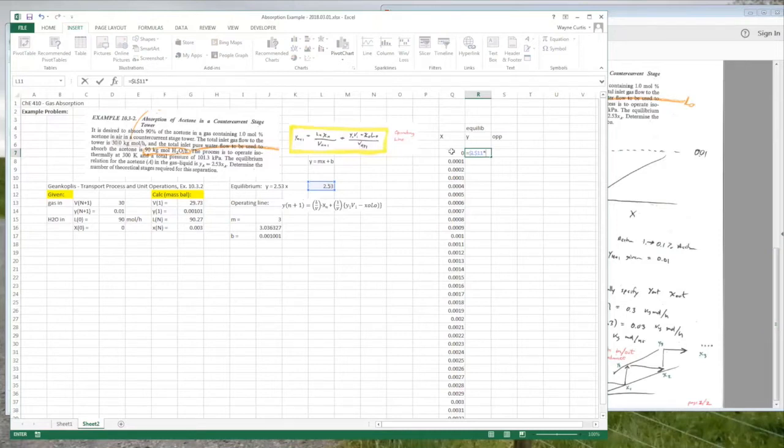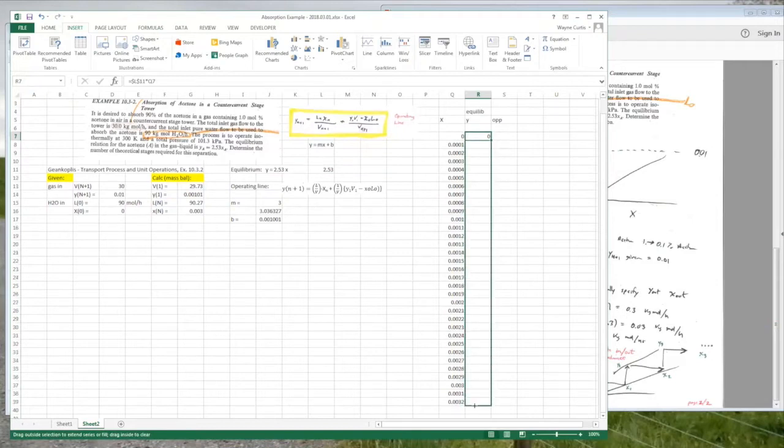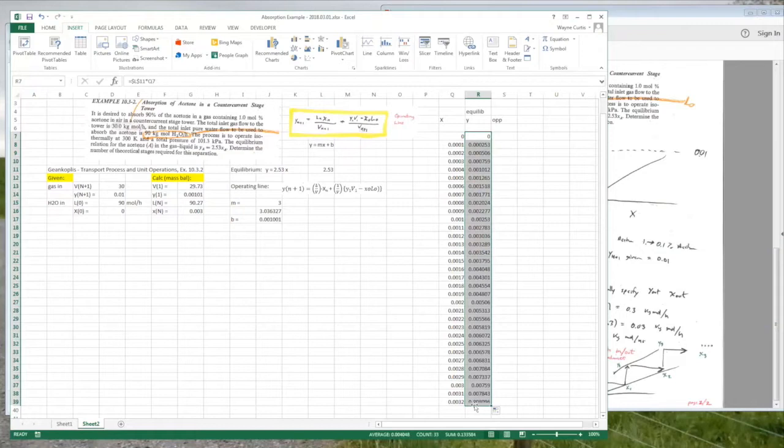This is acetone into water, and that gives rise to a certain solubility, and that solubility expressed at the pressure and temperature of the system is given. So there you go. So that gives us our equilibrium line.